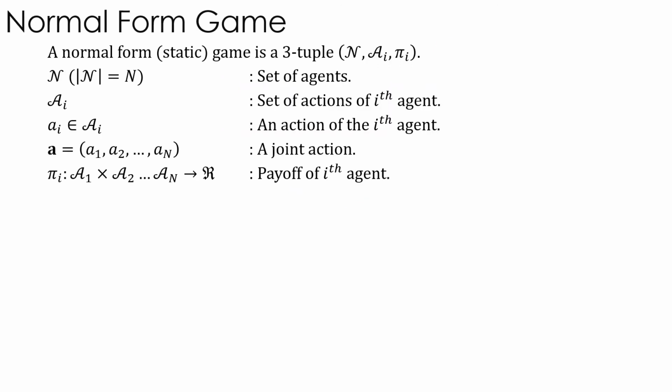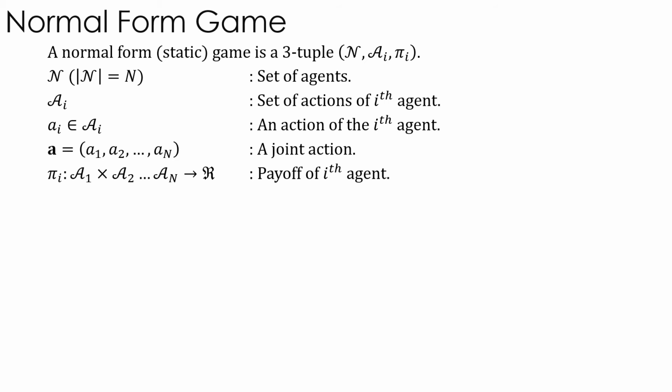Now let's look at the formal definition of a normal form game. A bimatrix game is, in fact, a special case of a normal form game with two agents. Definition.